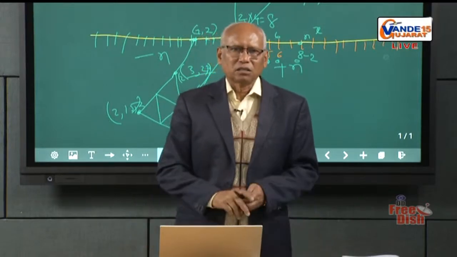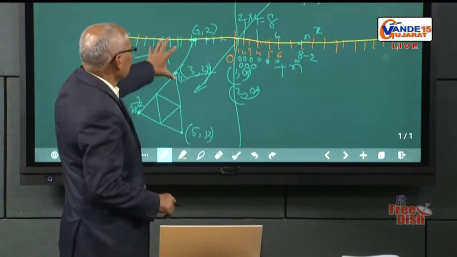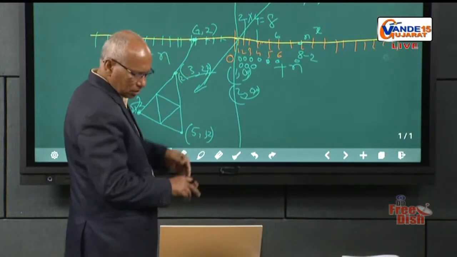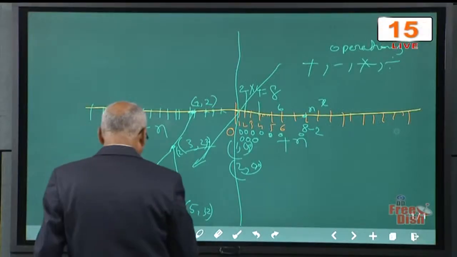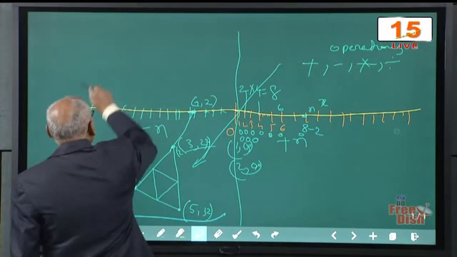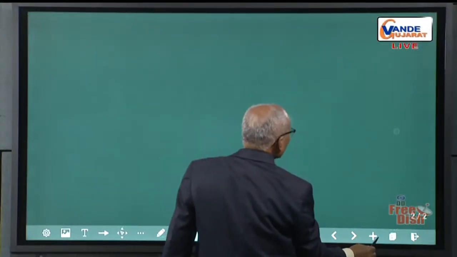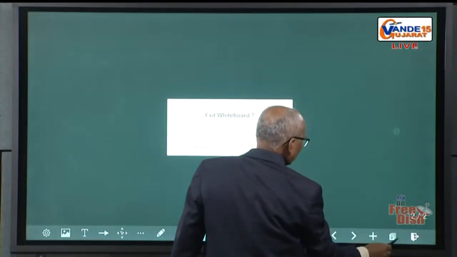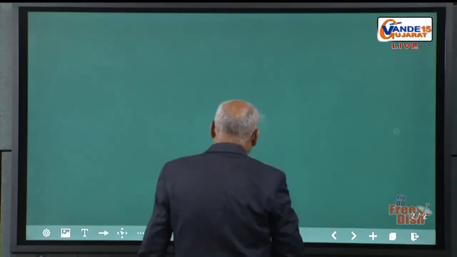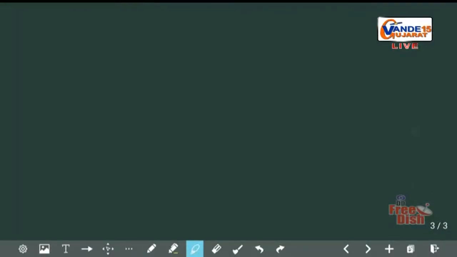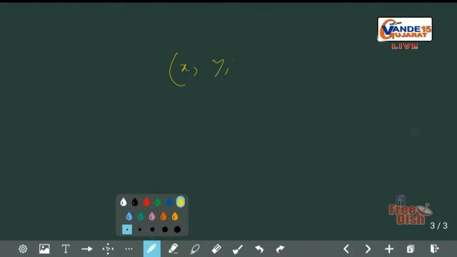Another thing, I told you that these are 3D numbers. 3D numbers means it should have x, y, z.